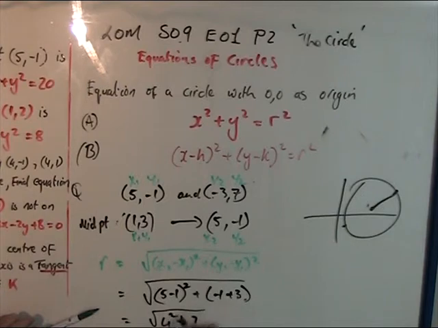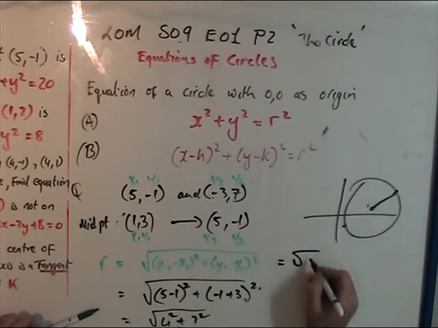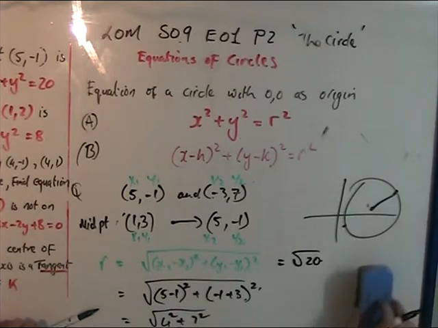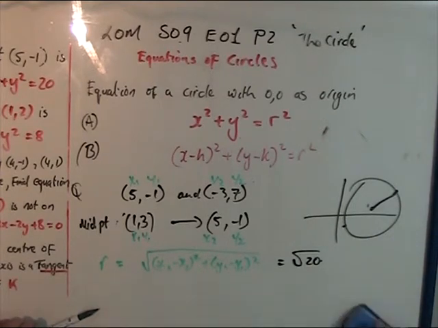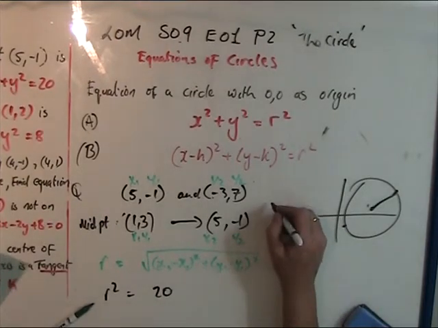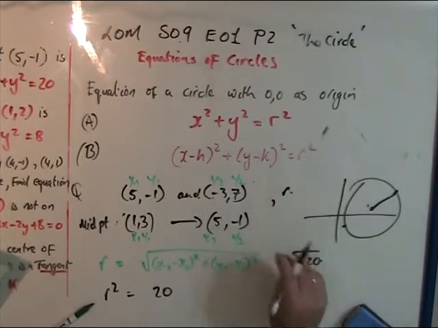These are squared, don't forget. So it is 16 plus 4, the square root of 20. So r is equal to the square root of 20, therefore r squared is equal to 20.